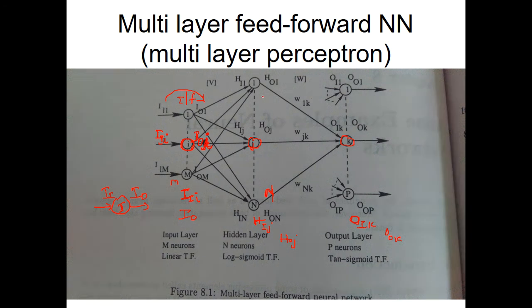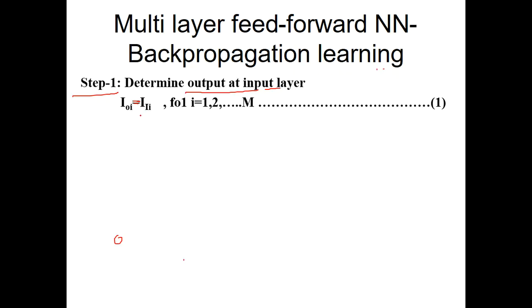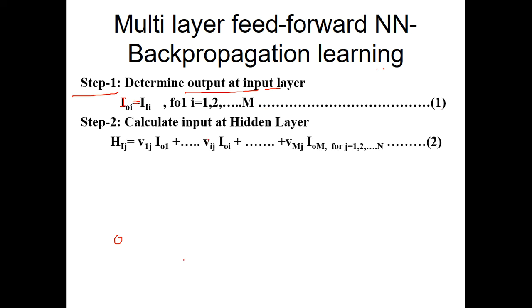But at all other neurons, there will be two parts: computing the weighted sum of input and then applying the activation function, that is sigmoid function in this example. So considering the ith node at input layer, so output of ith node at input layer is equal to this equation 1.